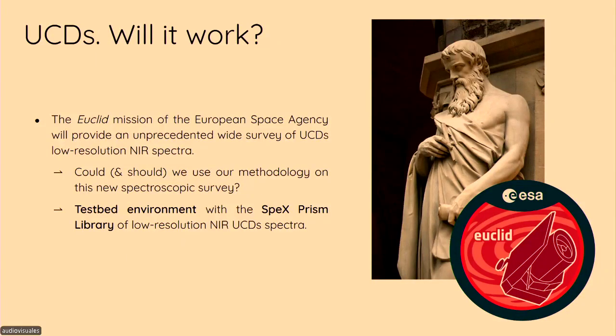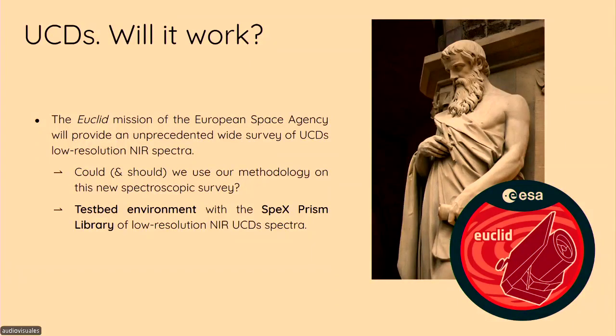So as we saw that our methodology is applicable in the high resolution domain, and seeing this unprecedented vast survey that we are going to have, we thought if we could and should use our methodology that we tested in the high resolution with this new spectroscopic survey. But for this, we need to adapt our methodology from the high resolution domain to the low resolution domain.